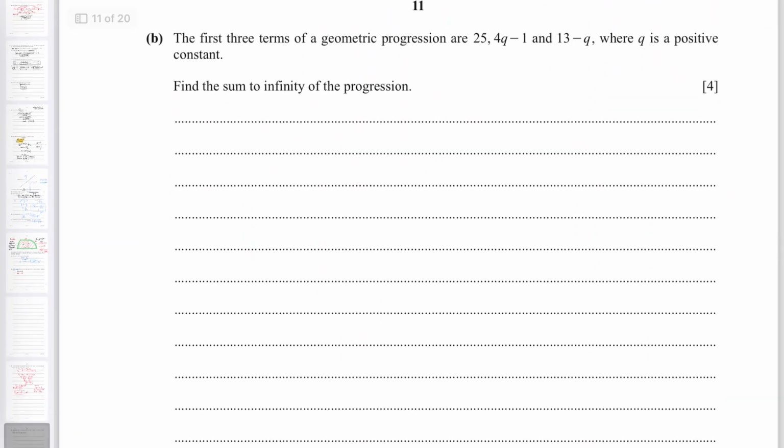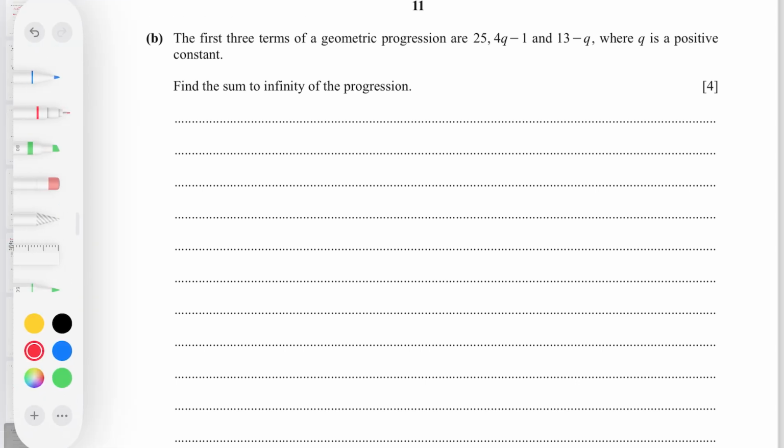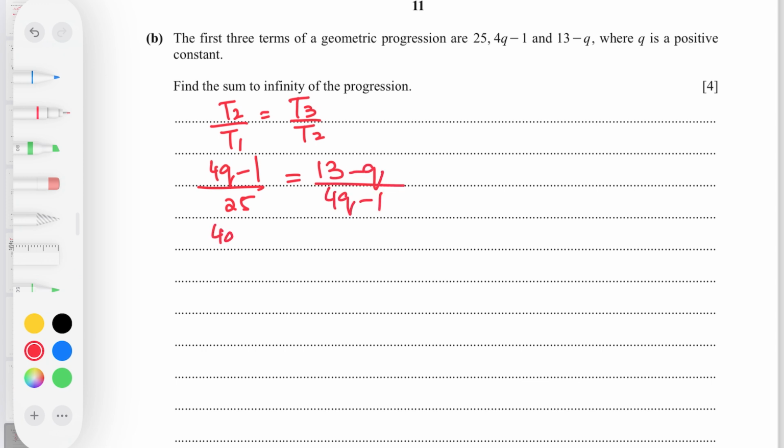Find the first three terms of a geometric progression. The first three terms of the geometric progression are this. So you know in a geometric progression, the ratio is constant. Let's divide. I'm opening it up with the identity.